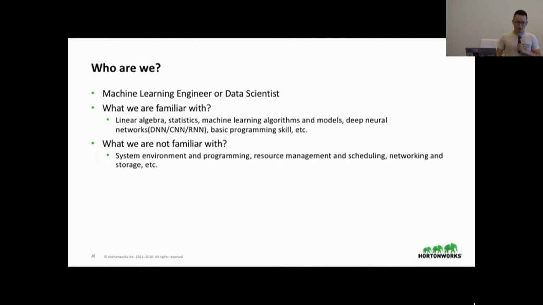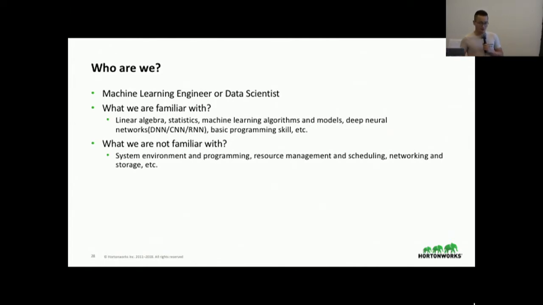Because the task for a machine learning engineer is to deliver a good model which can solve your business problems. Their responsibility is to build a good model, and the accuracy of the model should be good. For example, on ImageNet, maybe 7 years ago, the error rate has been reduced.